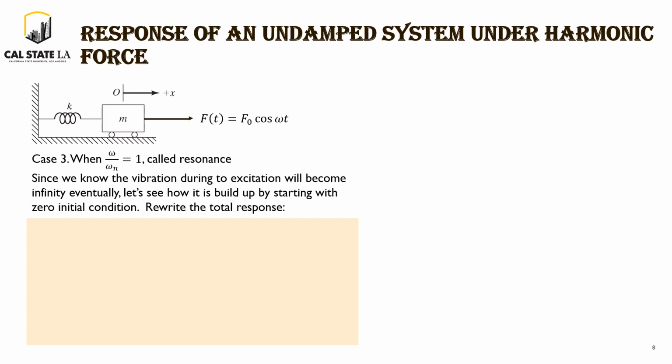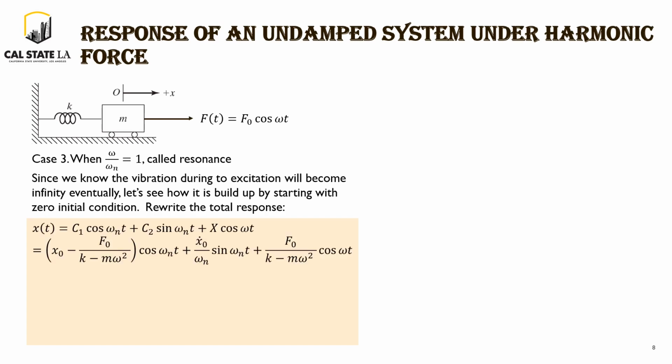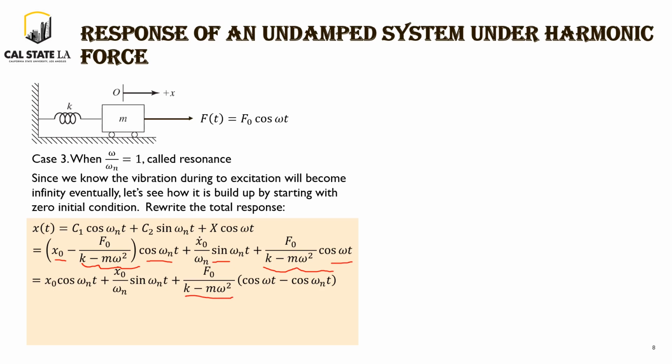We can rewrite the total response by keeping the initial condition terms together and everything else related to the external force together. So we have x0 times cosine omega n t plus x dot 0 over omega n times sine omega n t, and the rest will be kept together, so it becomes f over (k minus m omega squared) times (cosine omega t minus cosine omega n t).